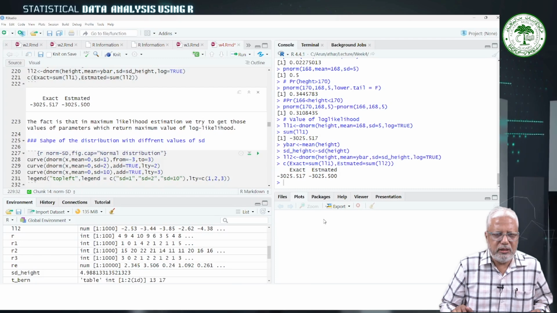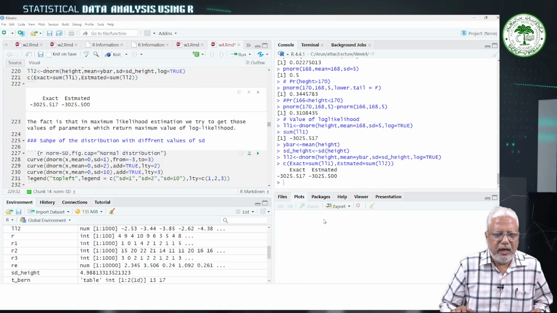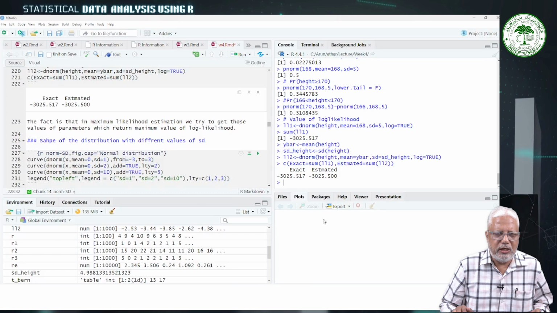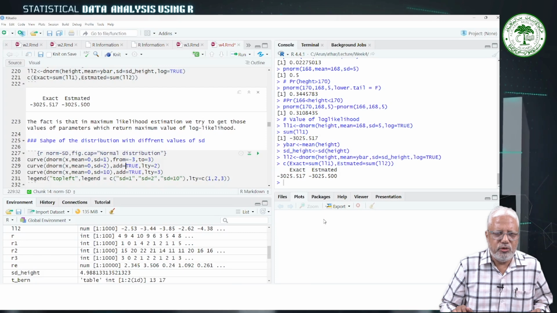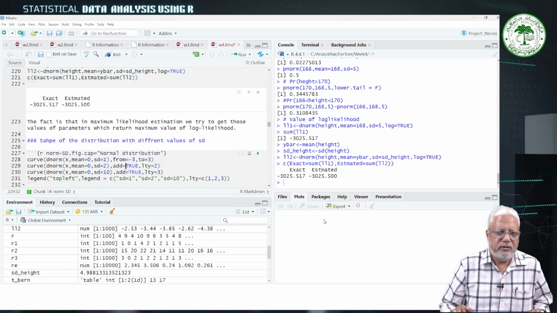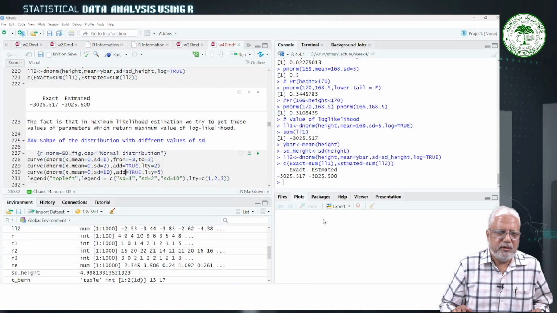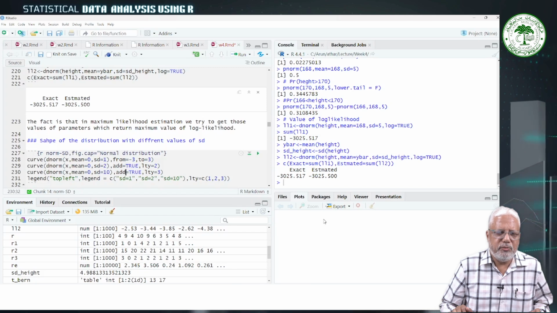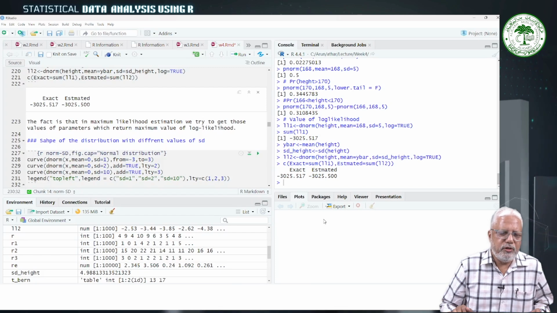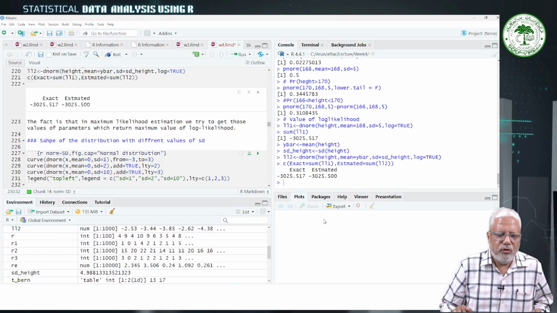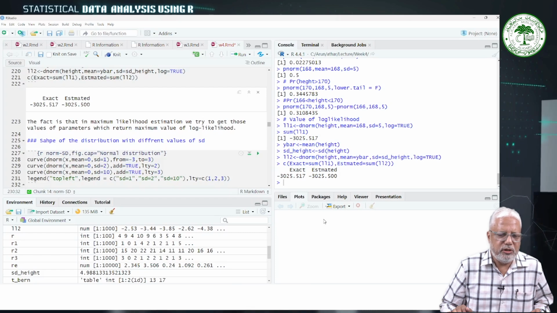So we have to write here add is equal to true, and line type here will be lty is equal to 1, that is solid line, and lty = 2, this is the dashed line, and then another curve with sd is equal to 10. That is nothing but a very high SD, what will be the shape of the distribution?